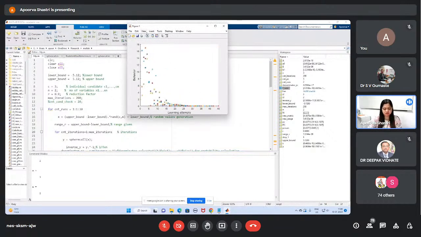Because of the plot, computational time always increases. So whenever you are calculating the computational time, comment on the plot section.